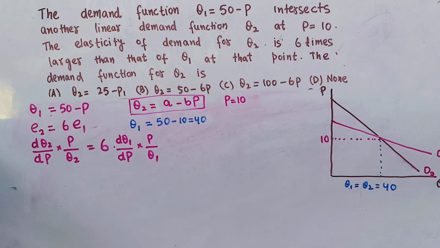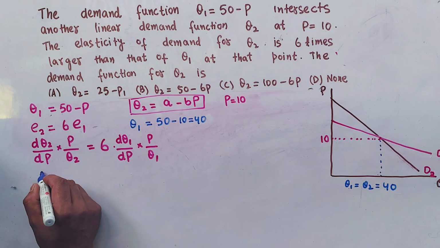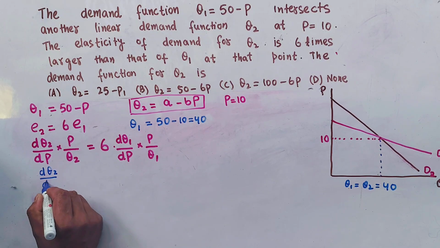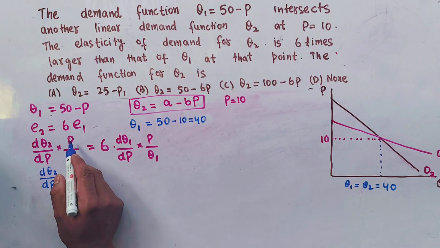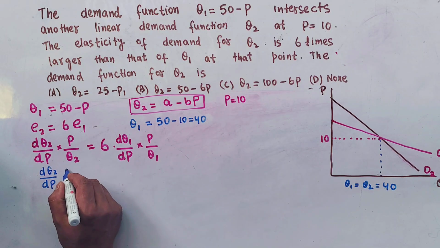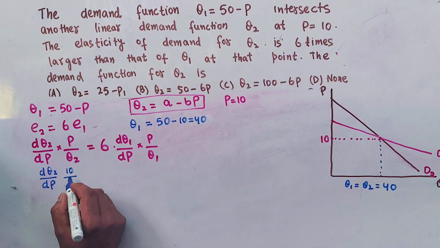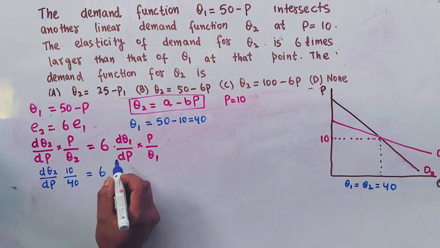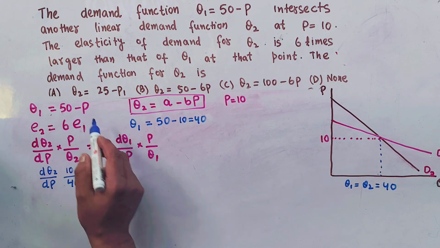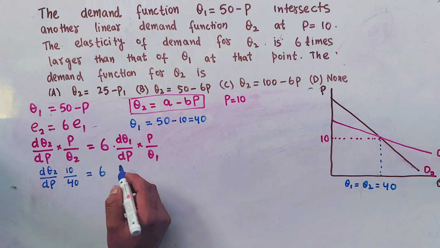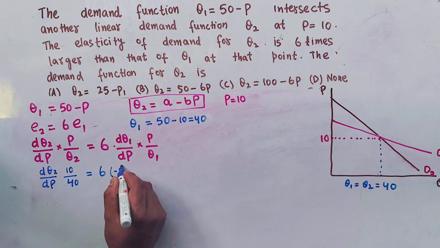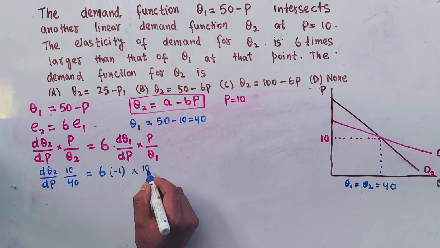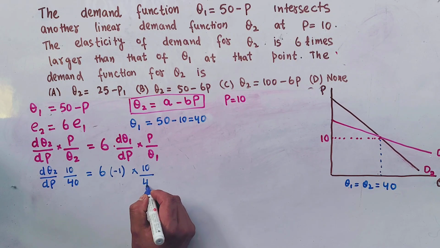So dQ2/dP we are supposed to find out. Price is 10, the quantity demanded of good 2 is 40, equal to 6 times the derivative of Q1 with respect to price, which is minus 1, times price 10 over quantity demanded 40.